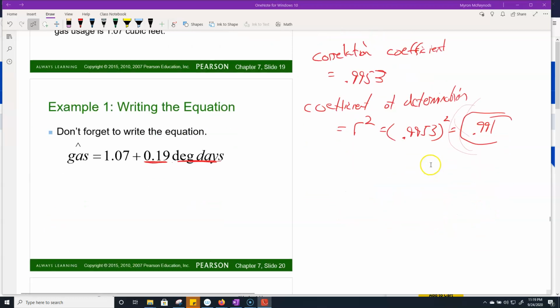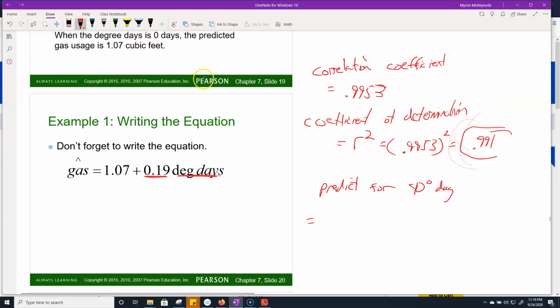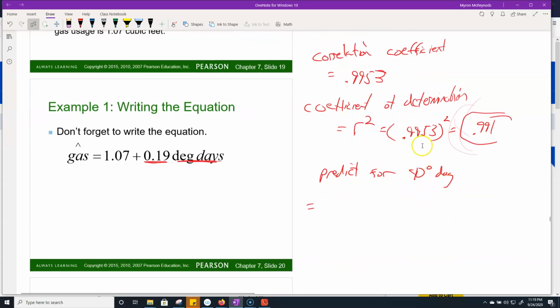And the last part they say is predict gas consumption for 40-degree days and 20-degree days. So predict for a 40-degree day would be like this. We're going to use the formula that we have, the one we calculated: 1.07 plus 0.19 times degree days. And we're plugging in 40 for the degree day.